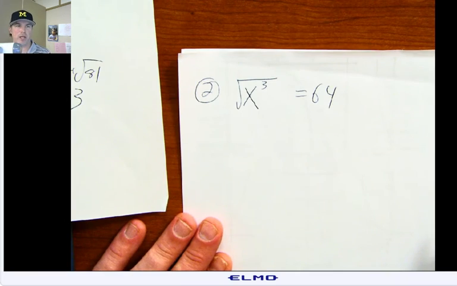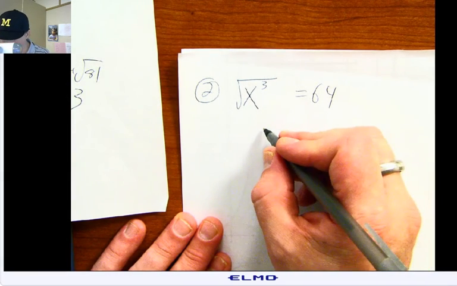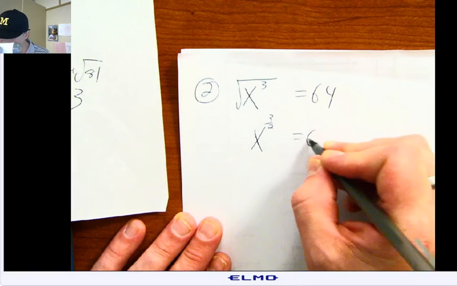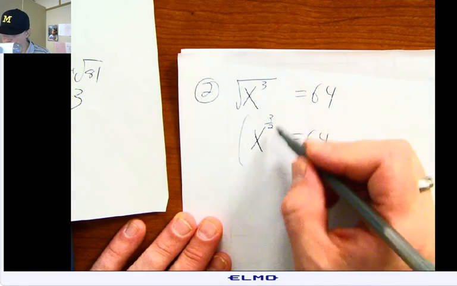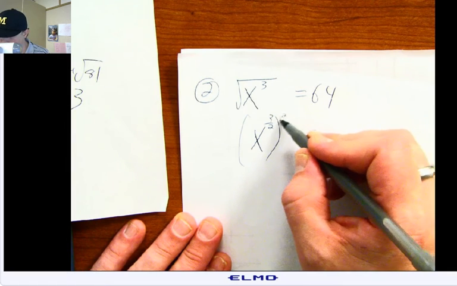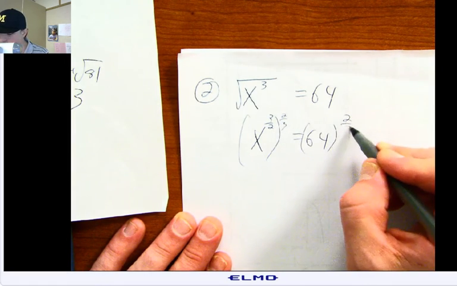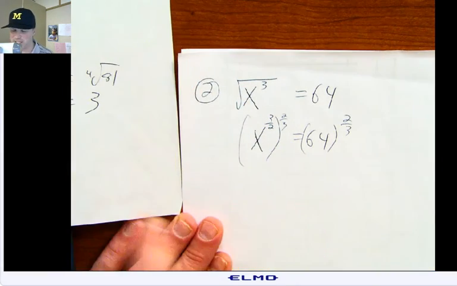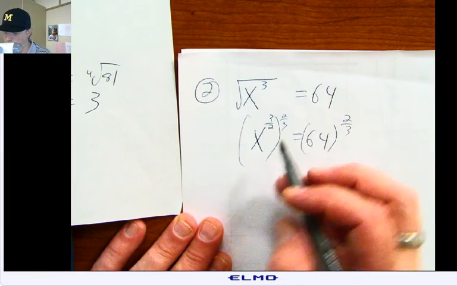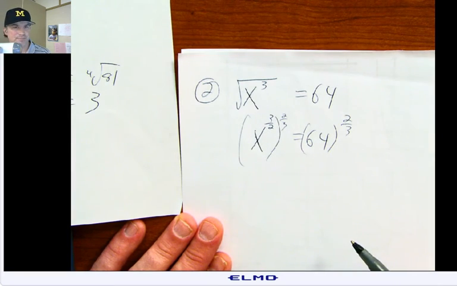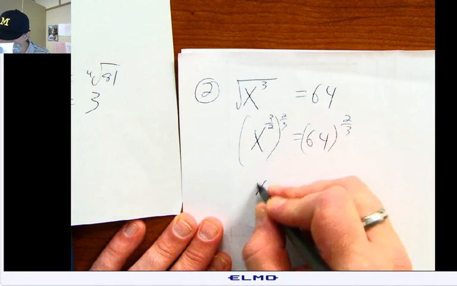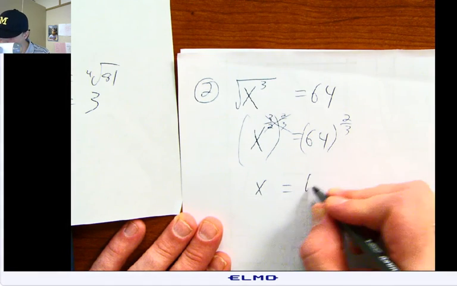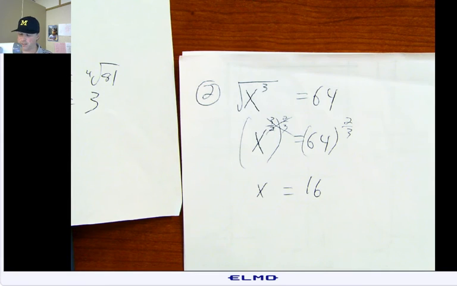But you change this to a fractional exponent, so it becomes x to the 3 halves equals 64. And then you would just raise both sides to the 2/3 power. This is just me redoing number 2, but asking it as a root instead of a fractional exponent. On this, the 2s and 3s are gone. The cube root of 64 is 4. 4 squared is 16, so 64 to the 2/3 is 16.